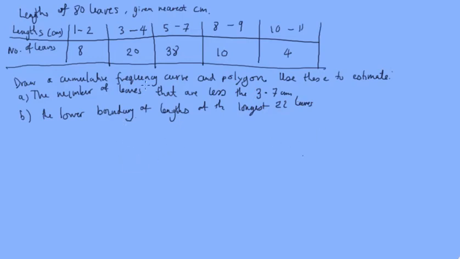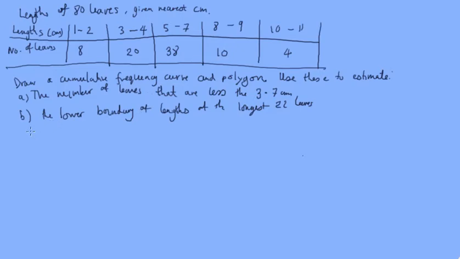So the first thing we need to do is create a table with the cumulative frequencies. If you're given this kind of data, because the leaves can take any value, this wouldn't be a histogram, this would be the cumulative frequency curve.